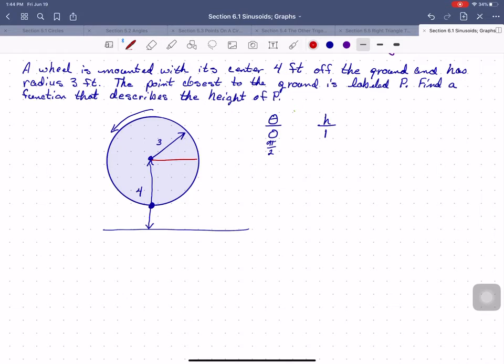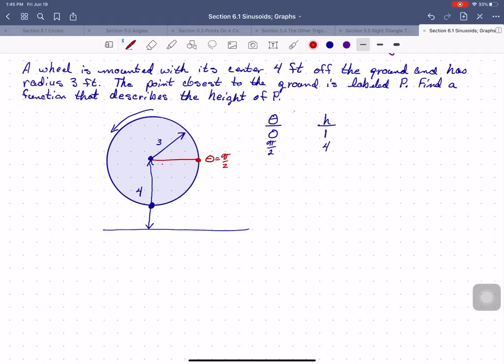That gets me to here. So I've rotated to this point. Well, now my height is even with the center of my circle, so that's 4.